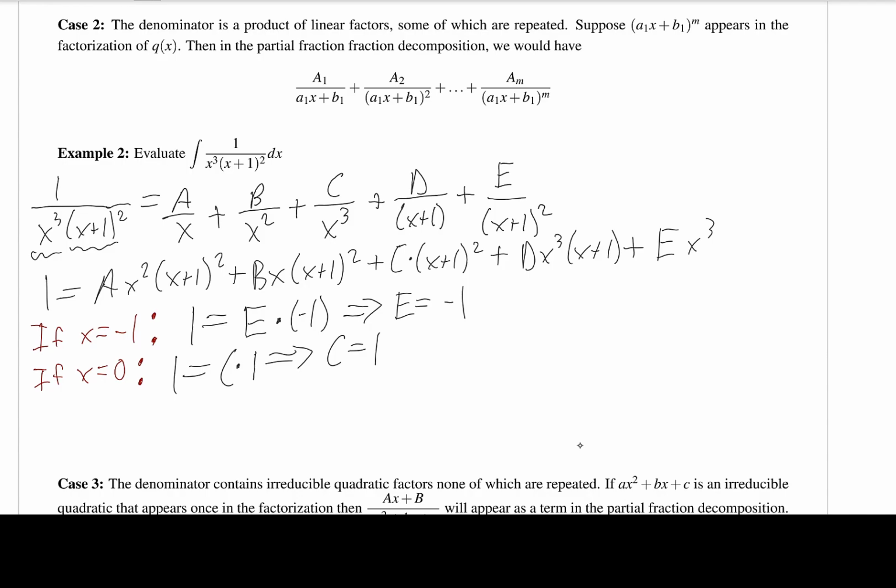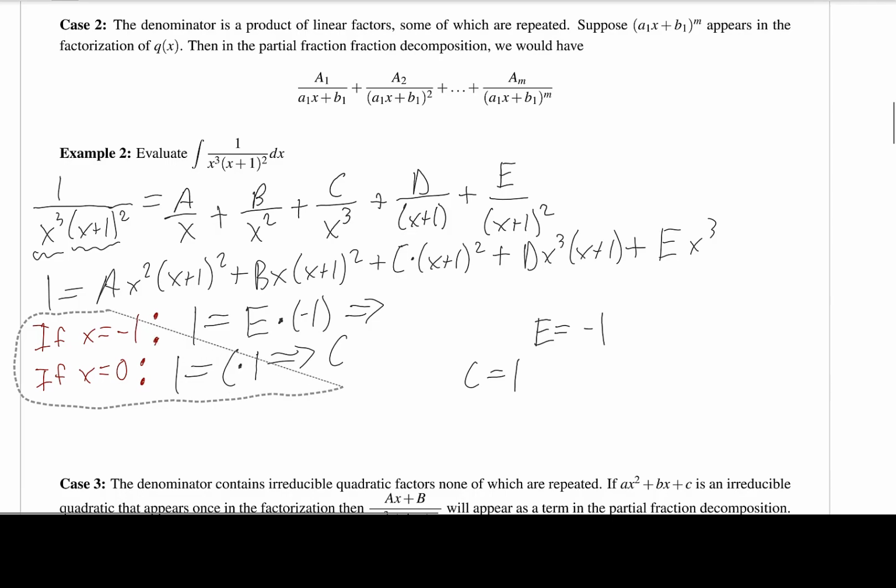Now what I'm going to do is erase this, but we're going to keep in mind e is equal to negative 1 and c is equal to 1. So, in fact, what I'll do is I'll save just this part. I didn't want the C part anyways. We'll delete this part.